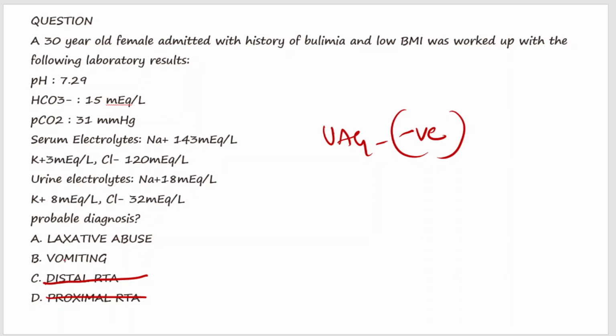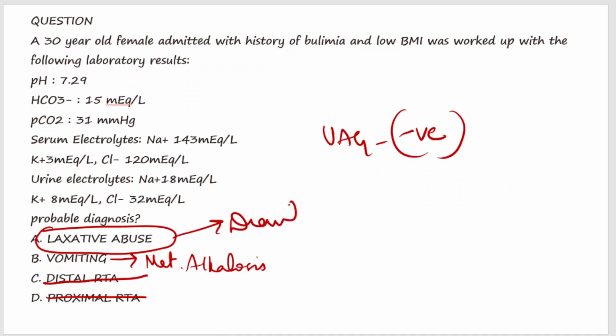Then there is vomiting and laxative abuse. In vomiting, what do you find? You find metabolic alkalosis. So here it is laxative abuse, which can cause diarrhea, which can be the cause of your metabolic acidosis.